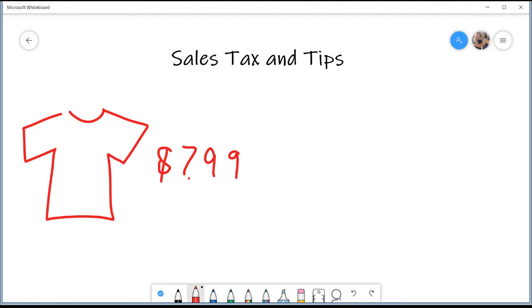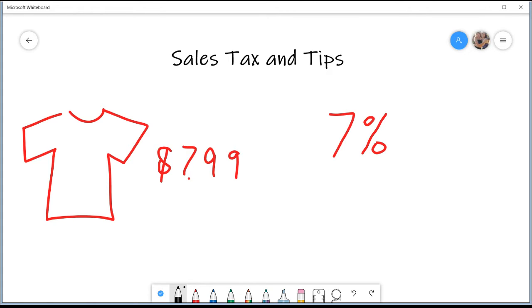You're not going to be able to just walk up and hand $8 to the cashier because Indiana has a 7% sales tax. To find out exactly how much we're going to be paying, we're going to use the sales tax formula, which is really just the percent formula disguised in this problem.